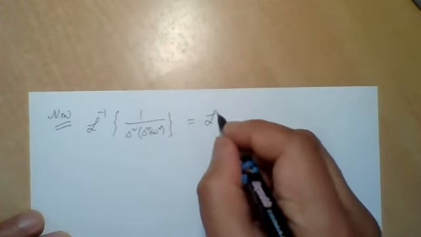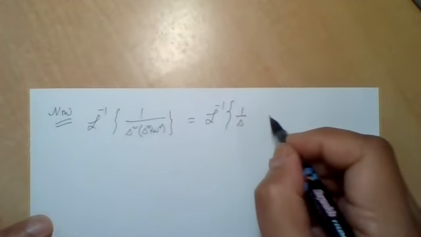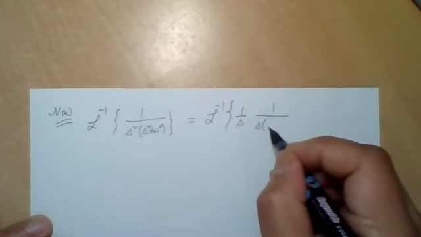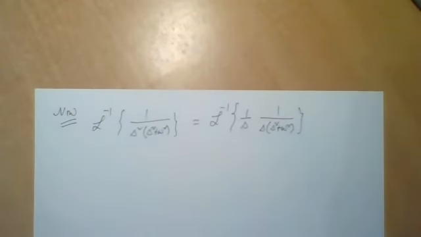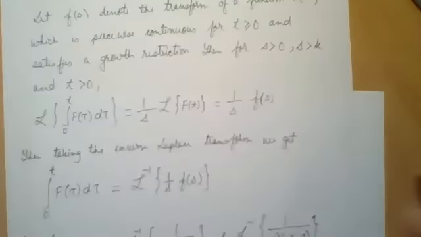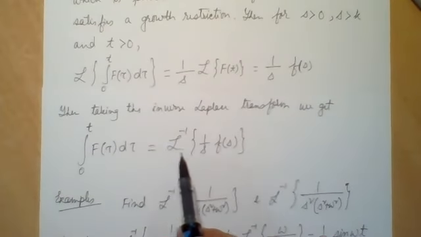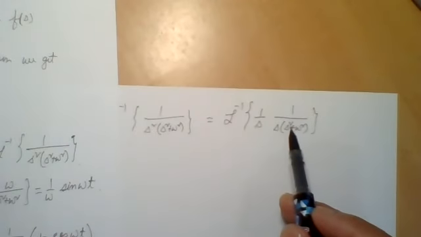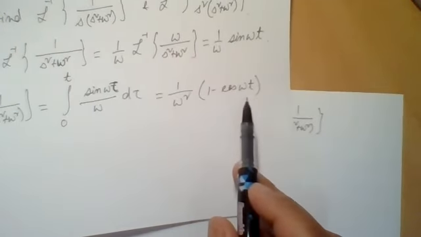This can be written as the inverse Laplace transform of 1 by s times 1 by (s squared plus omega squared). Okay. Now you compare again with this formula, the inverse Laplace transform of 1 by s F(s). So 1 by s, and this is F(s). And what is this? This is the Laplace transform of 1 by omega squared times (1 minus cos omega t).